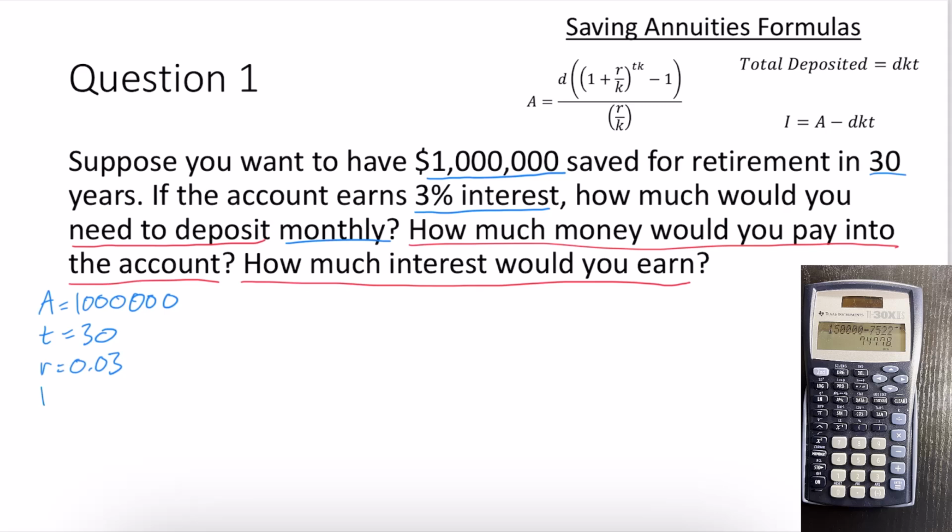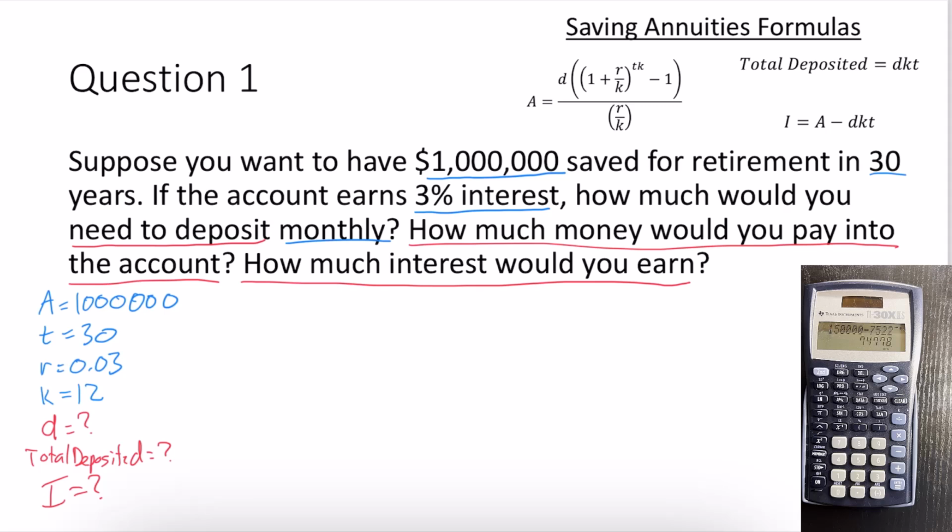And since we're depositing the money monthly, K is going to equal 12 because the compounding period matches the deposit frequency. And then the questions we were asked is how much do we need to deposit monthly? So we're trying to figure out what the variable D is. And then how much money would you pay into the account? So that's the total deposited that we're looking for. And then how much interest would we earn? That's the other question we're asked.